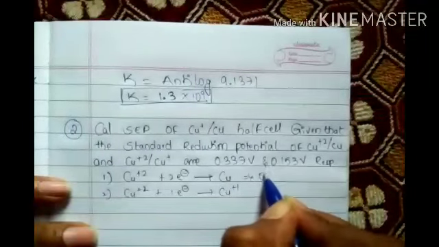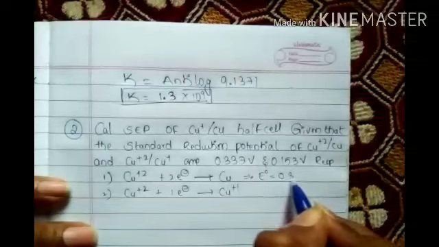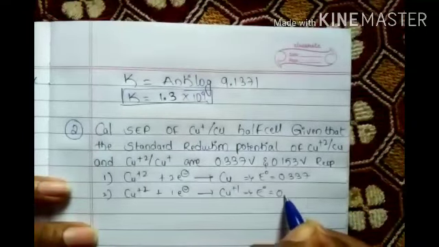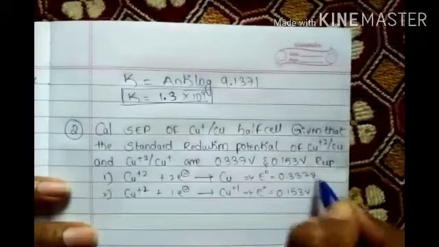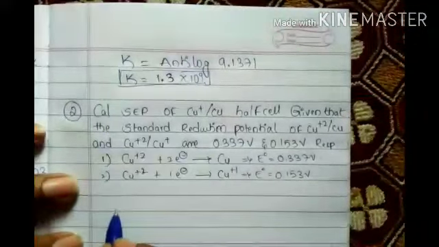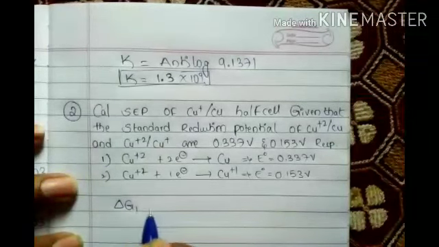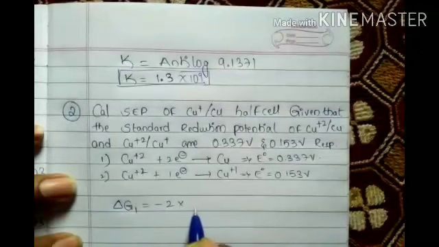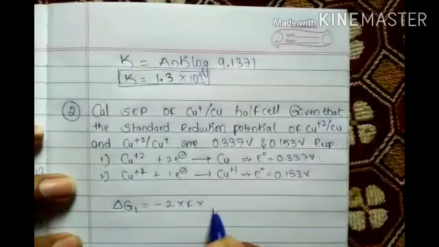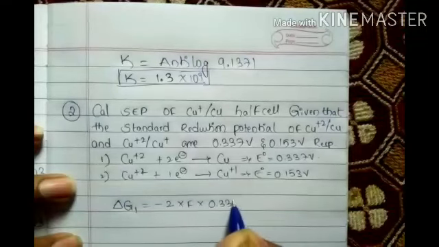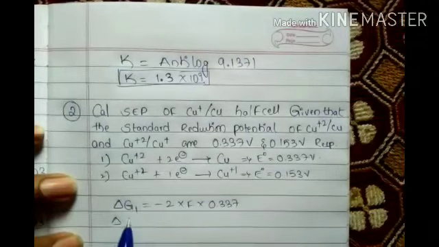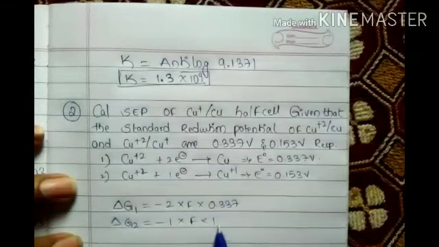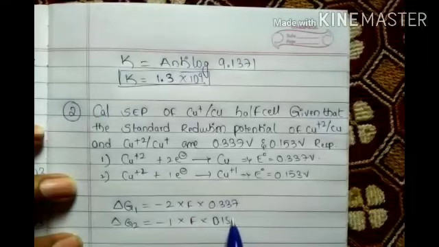Now the first one E naught is 0.337 and this one E naught is 0.153. Okay, now delta G1, first one you do it: number of electrons, minus 2 into F into 0.337 volt, and delta G2 equals 1 electron, Faraday into 0.153 volt.